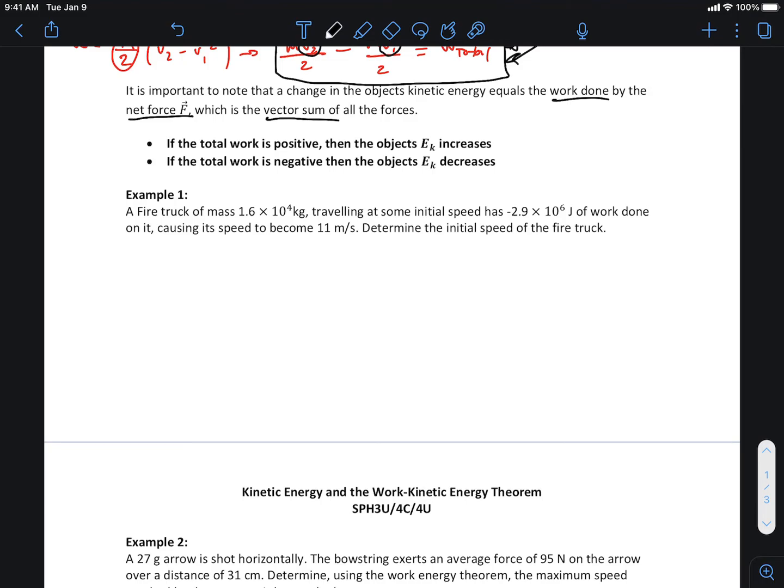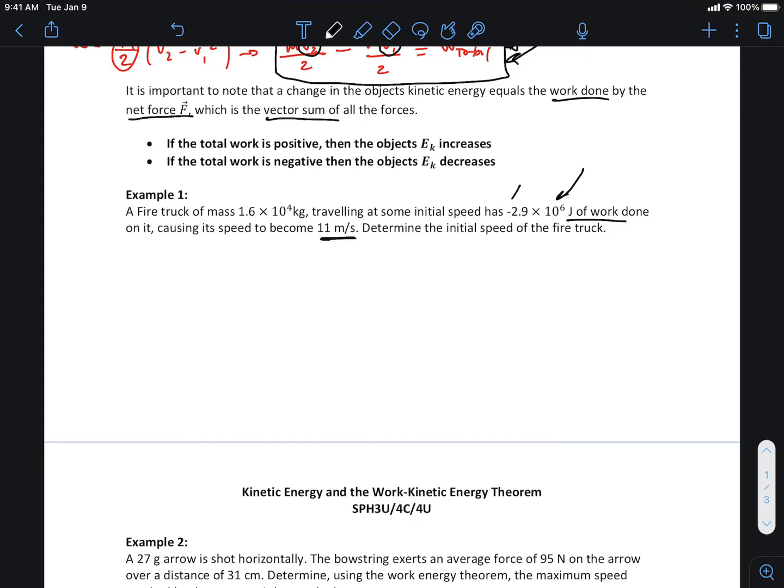So example 1, a fire truck of mass, here's the mass, is traveling at some initial speed, right? And it has that much work done to it, which causes the speed to become this, okay? We want to determine what the initial speed of the fire truck was given this amount of work was done to the fire truck.